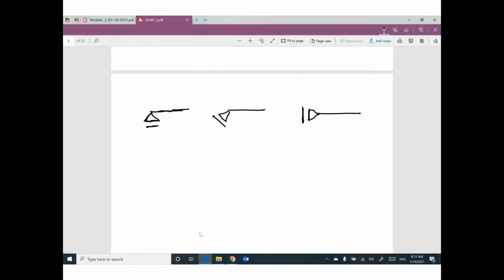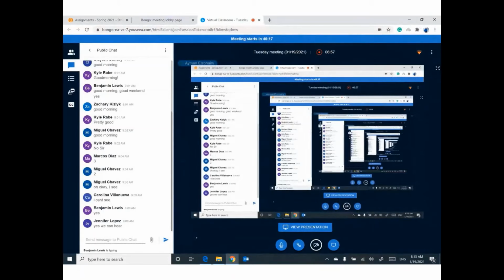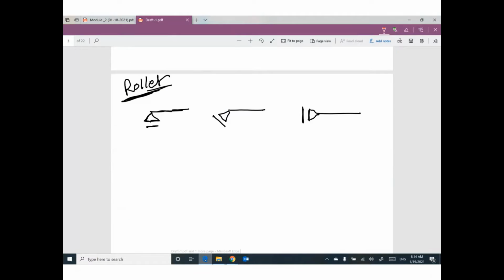What is the direction of the reaction if you have a roller support? This point is very important. Please pay attention. This point is very important. Any answer? What is the direction of this reaction?